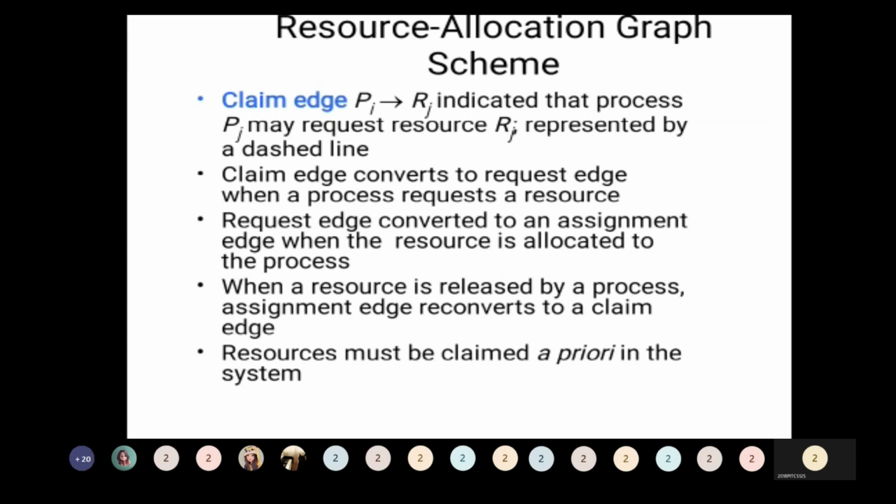The request edge is converted to an assignment edge when the resource is allocated to the process. When the resource is released by the process, the assignment edge reconverts to a claim edge. Resources must be claimed a priori in the system.